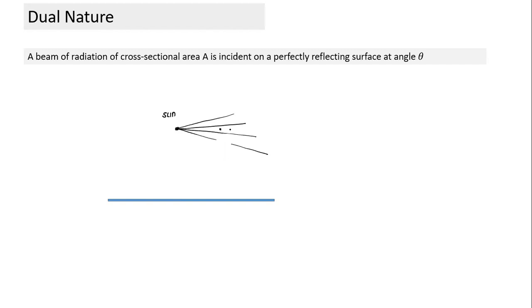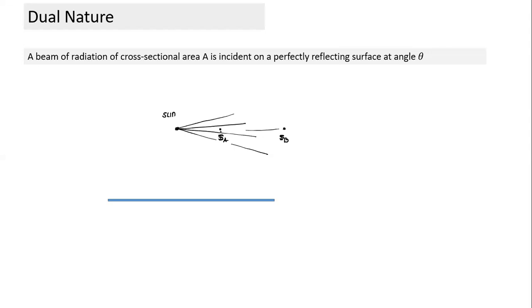As we go farther, the intensity at A will be different from the intensity at B. But when we write intensity, this is sometimes a little confusing. This may not be the right term. What I can say is the magnitude of the pointing vector at A and the magnitude of the pointing vector at B.